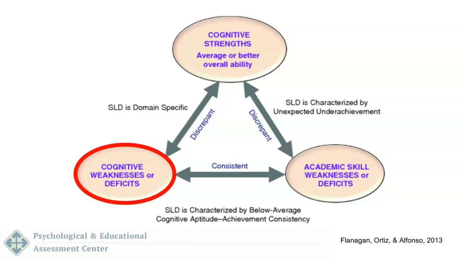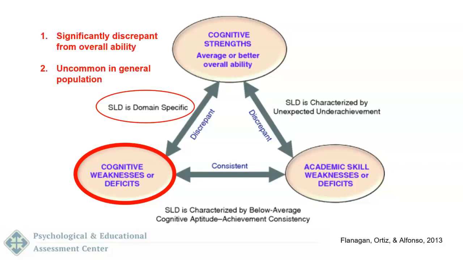Another aspect of this model is that the cognitive weaknesses or deficits need to be domain-specific. That is, the areas of weakness or deficit are limited in scope. They are not pervasive and do not affect all or nearly all areas of cognition. So how do we know if the areas of weakness are domain-specific?